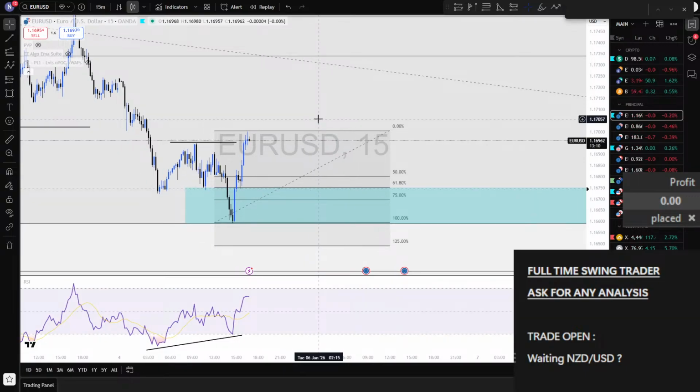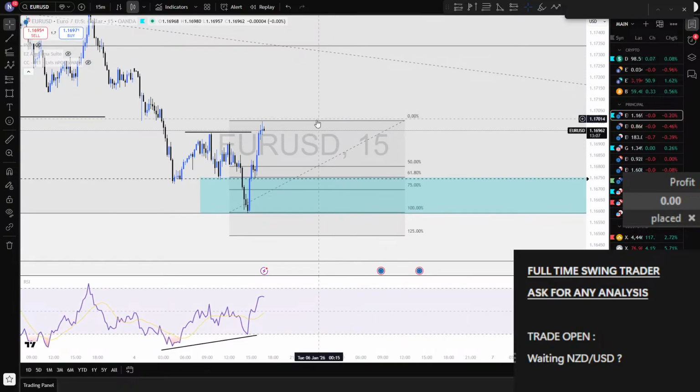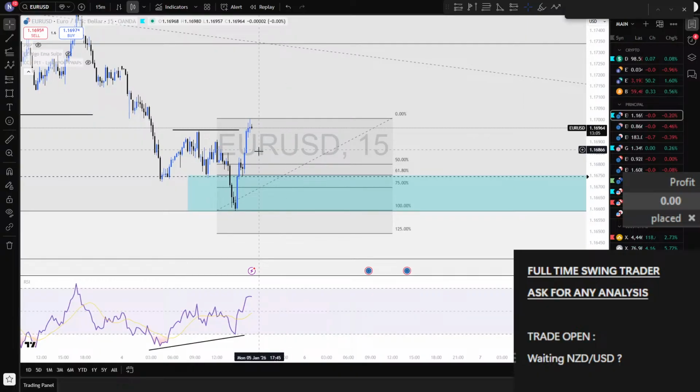Yeah, they have exactly the same setup. In 15 minutes, the liquidity in all three of them is almost exactly in the same place.